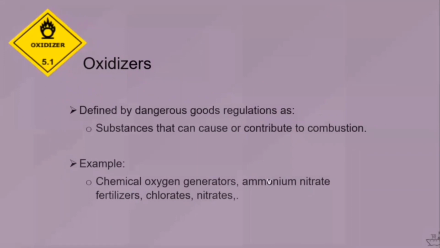And then the next one is oxidizers, which is defined by dangerous goods regulation as a substance that can cause or contribute to combustion. Examples of oxidizers are chemical oxygen generators, ammonium nitrate, fertilizer, and so on.